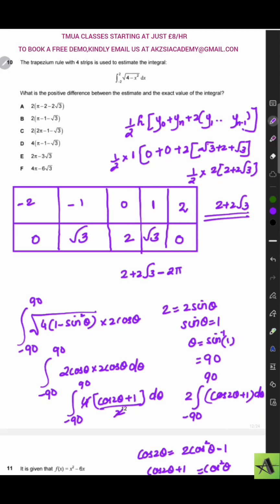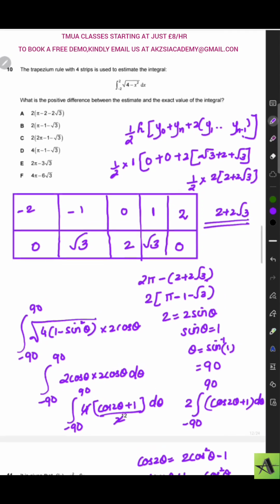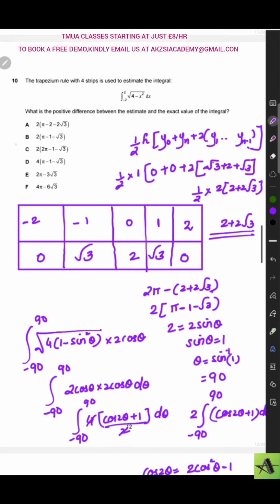If I simplify it, I can easily understand that 2 pi is the bigger one and 2 plus 2 root 3 the smaller one, because we want to calculate the positive difference. So let me write 2 pi minus (2 plus 2 root 3), which can be simplified as, if I take 2 out as common, 2 times (pi minus 1 minus root 3), which matches option B. And that's your correct answer.